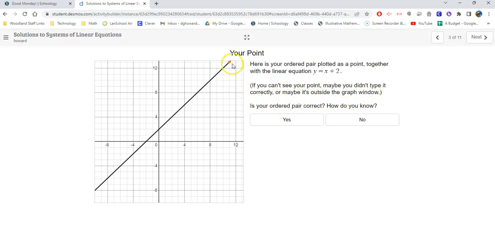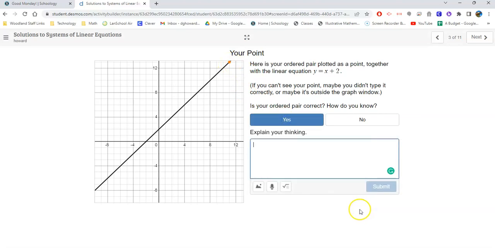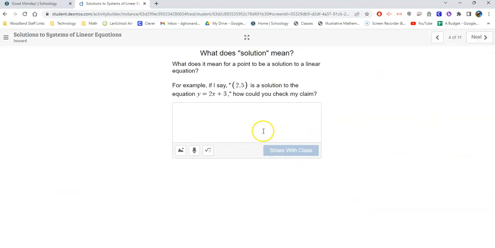Is your ordered pair on the line? Mine is on the line. Yes, that is correct. And explain how you know. Pretty simple, easy answers. For example, if I say 2, 5 is the solution, well, if I plug in 2, 2 times 2 is 4, 4 plus 3 is 7. Not 5, that's wrong. So you've got to explain your reasoning.